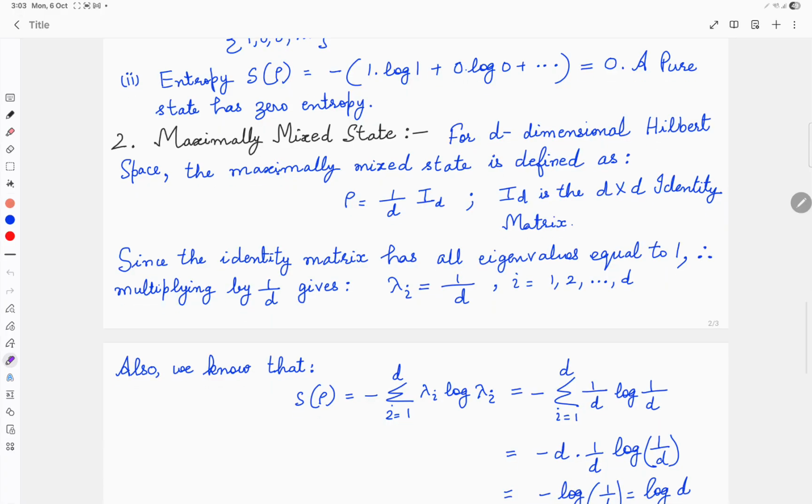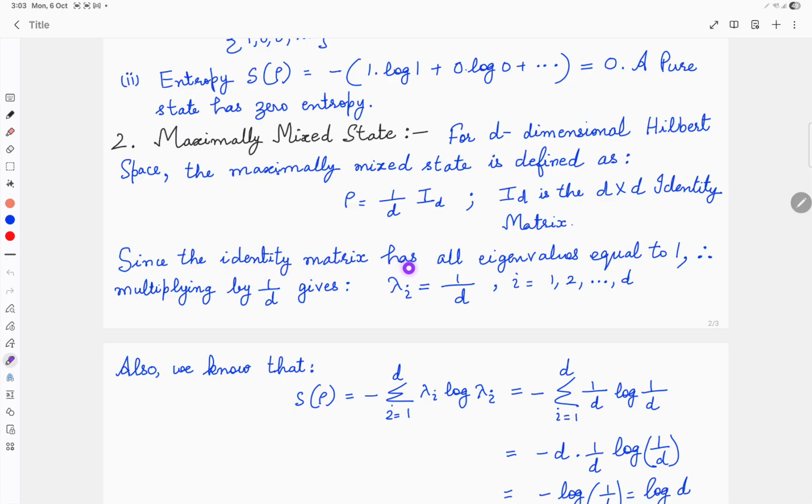Now let us look into another very important concept, which is known as the maximally mixed state. For a d-dimensional Hilbert space, this is how we define the maximally mixed state, in which the density operator is equal to 1 over d into the identity matrix. I_d is the d cross d identity matrix.